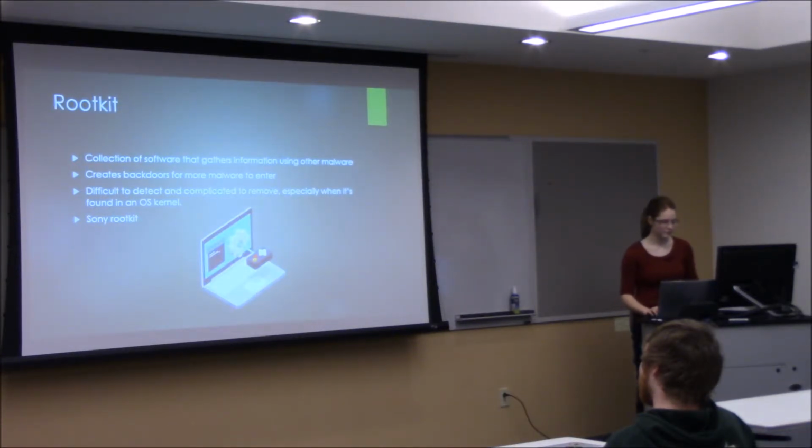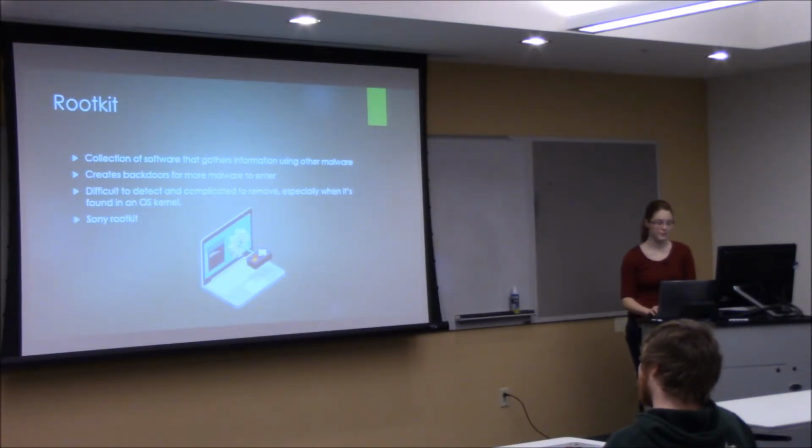Okay, so Rootkit. A rootkit is a collection of software that gathers information using other software. So it's a collection of malware put together. It creates backdoors for more malware to enter, and it takes the information from those and sends it back to whoever sent it out.